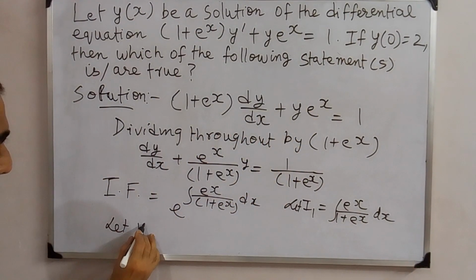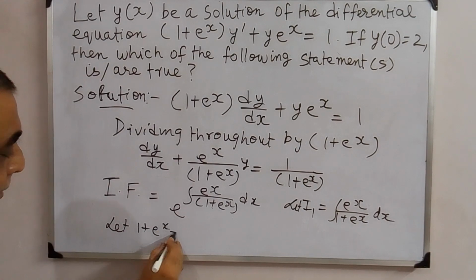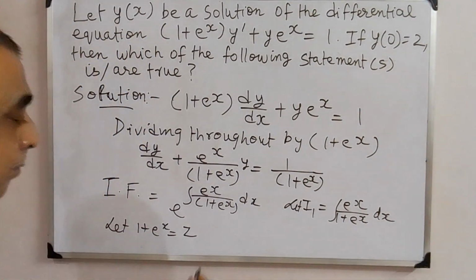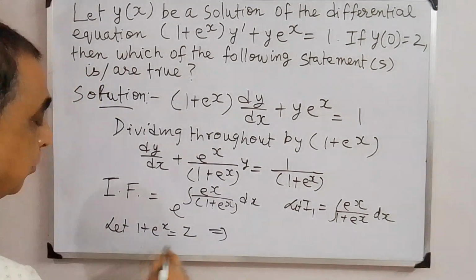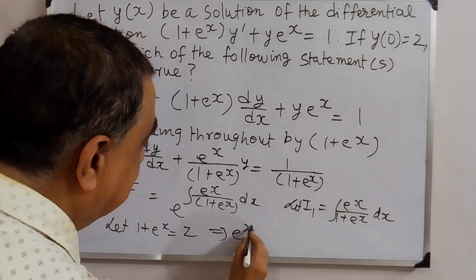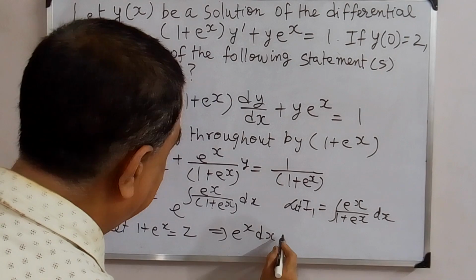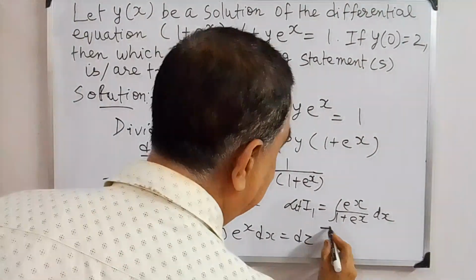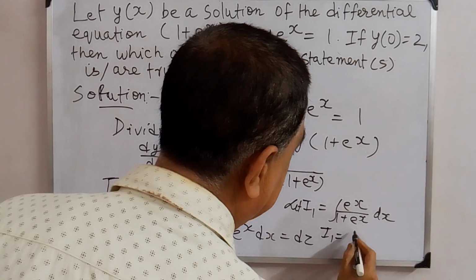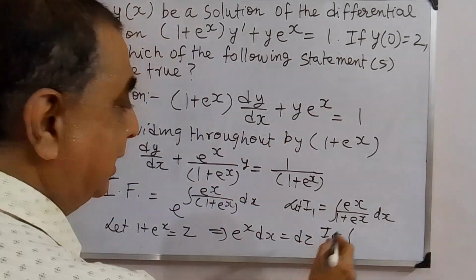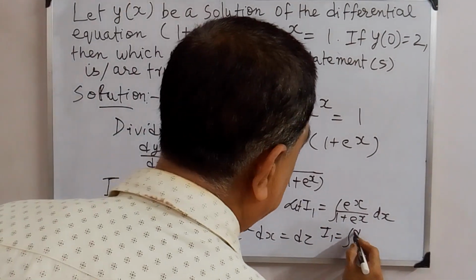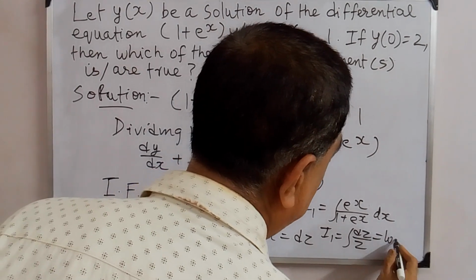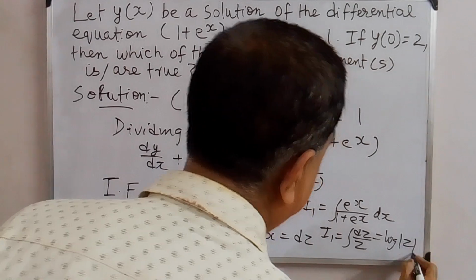Let 1 + e^x equal z. On differentiating both sides, e^x dx equals dz. So I1 becomes the integral of dz/z, which is equal to log z.